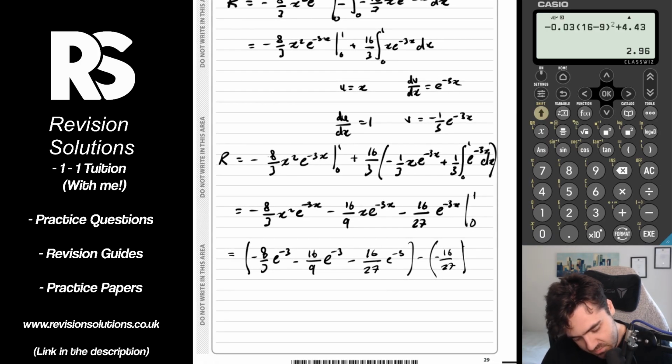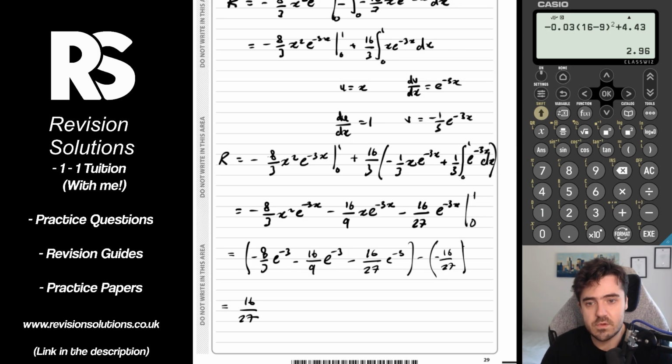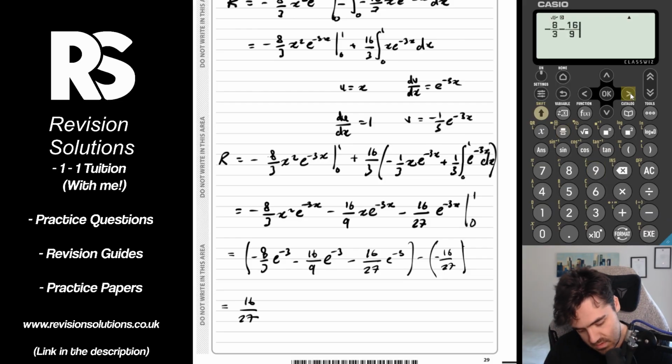So simplifying up, then we have this one term without an e to the minus 3 on it, which is going to be positive 16 over 27, all said and done. And then we need to combine these terms. I'm just going to put them in the calculator. So doing that, we have minus 8 over 3, and we have a minus 16 over 9, and a minus 16 over 27.